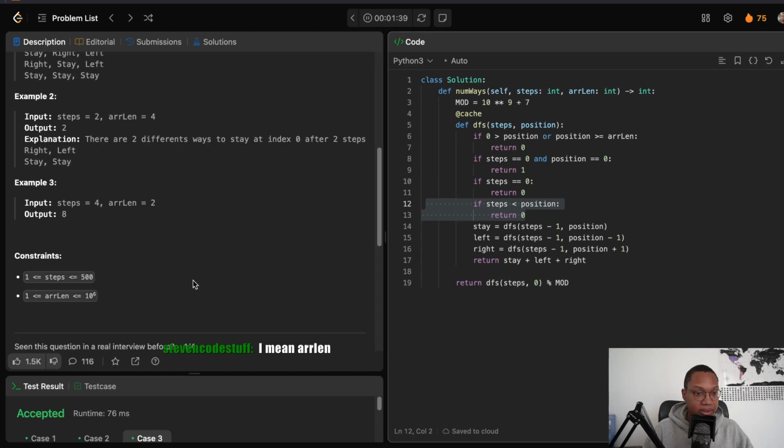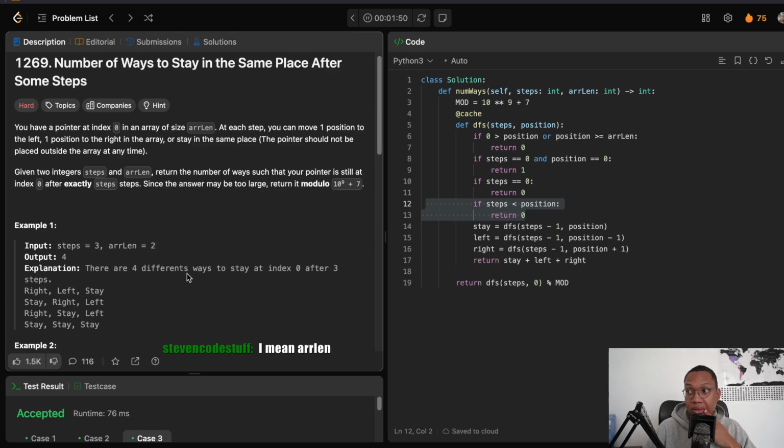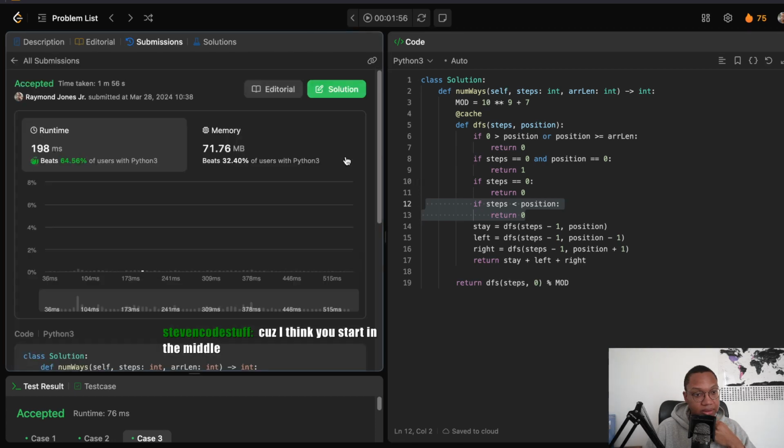Is our length always even? No, it's not. It can be odd for sure. So I think you start in the middle. I'm gonna run this too and see.